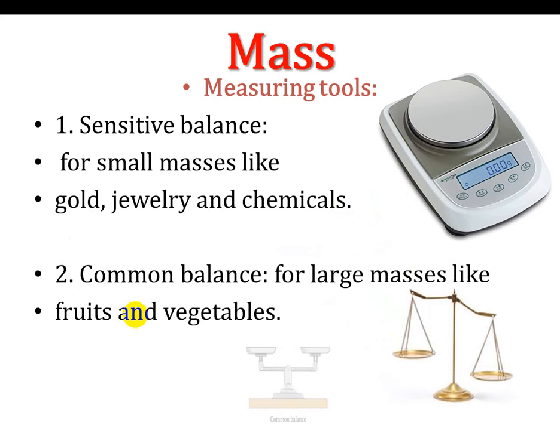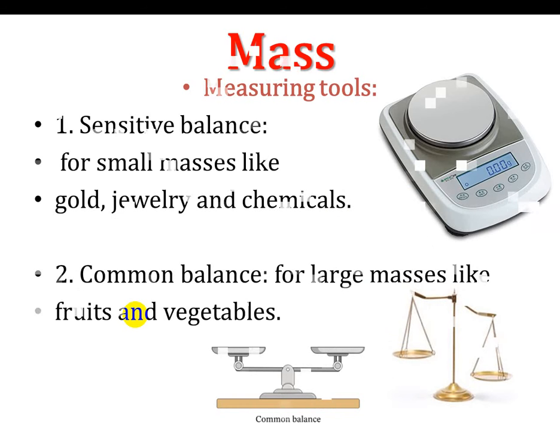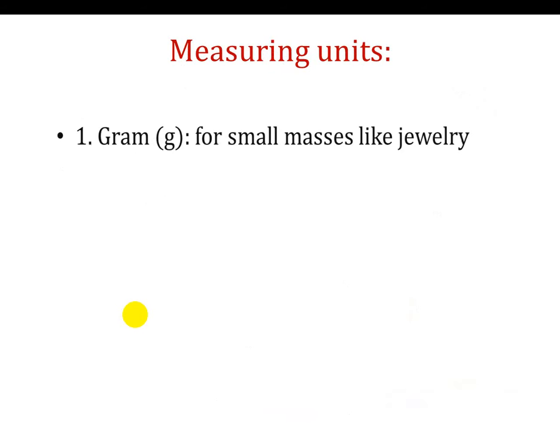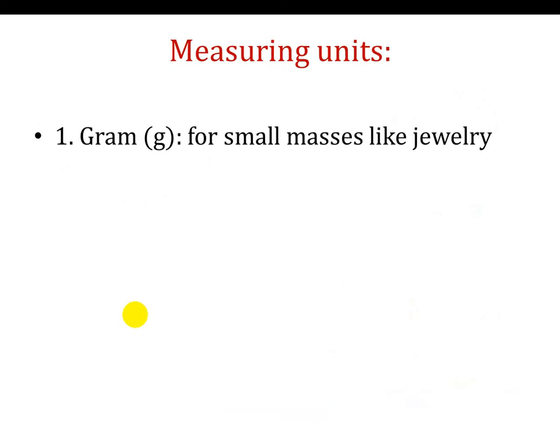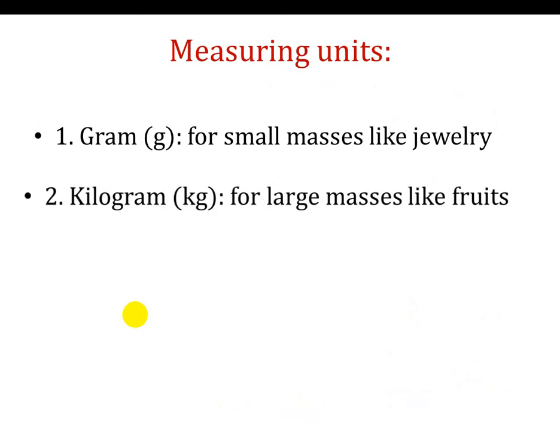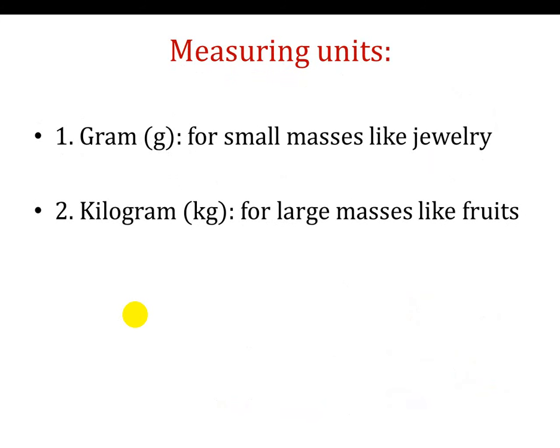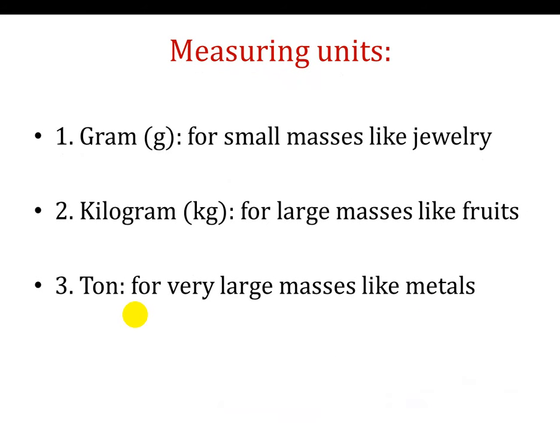Here is the common balance, and we have another one called two-band balance, and it's another kind of the common balance. And about the measuring units of the mass, gram. We use the gram for small masses like jewelries. Kilogram, we use it for masses like fruits. And ton, we use it for the very large masses like metals.